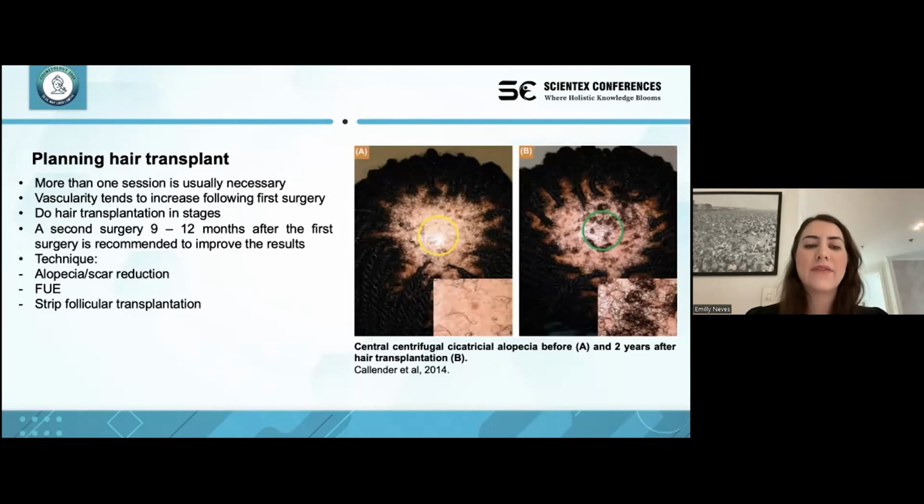We can do the FUE technique, choosing follicular units to implant in this area, or we can do strip follicular transplantation, where we transplant a linear part of the scalp, and the patient will have a linear scar and also pain and discomfort after surgery. Here we can see a central centrifugal cicatricial alopecia before and 2 years after hair transplantation with a good response.